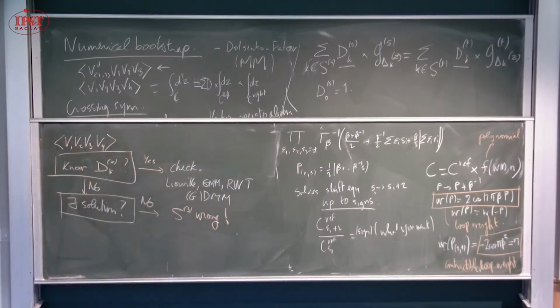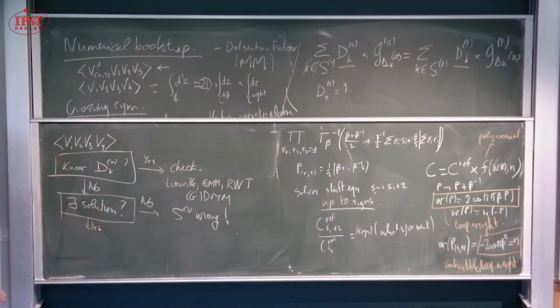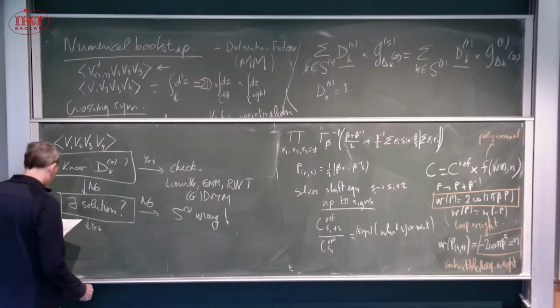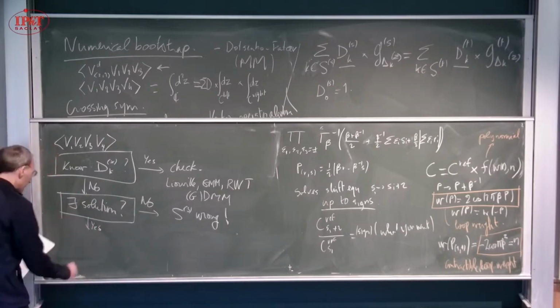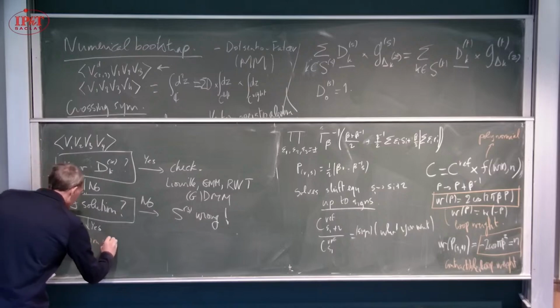So you have to modify the spectrum and try again. But let's assume we find solutions. Then there are other possibilities, because the question is whether the solution you find is unique.